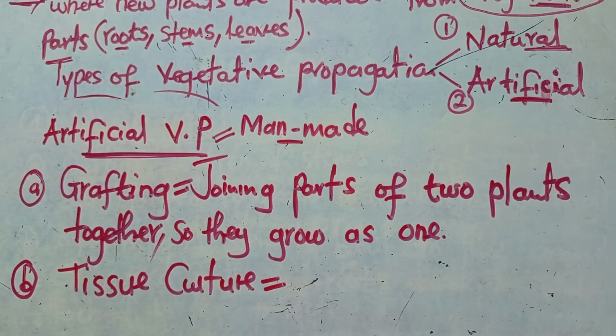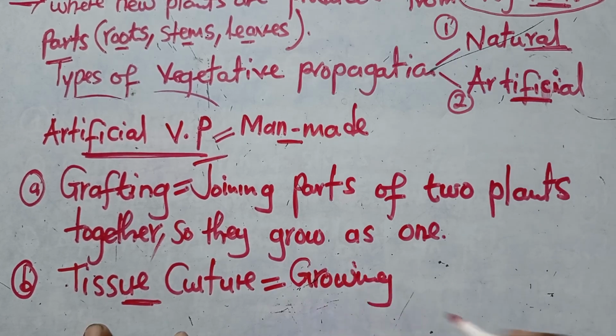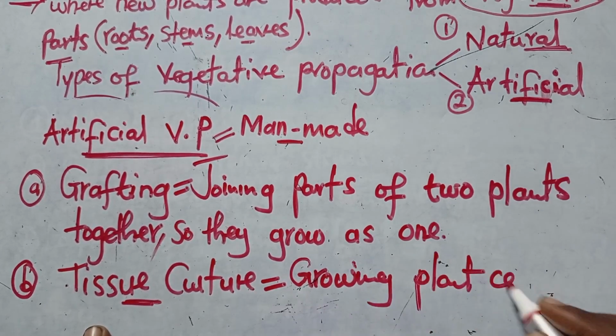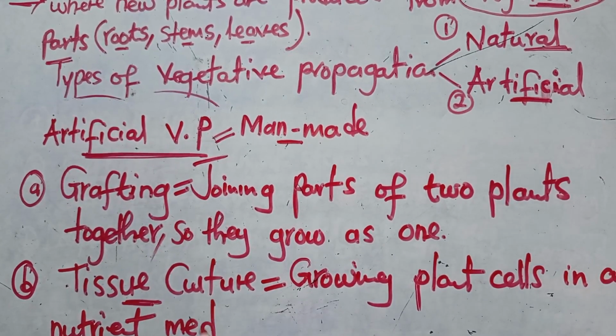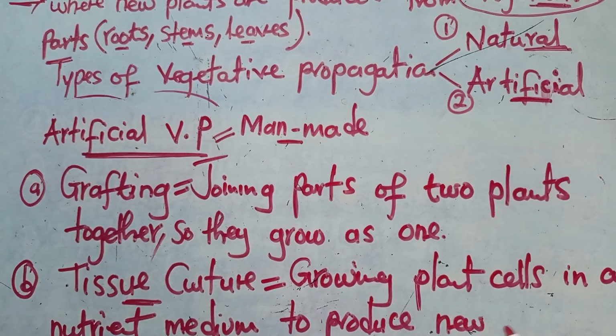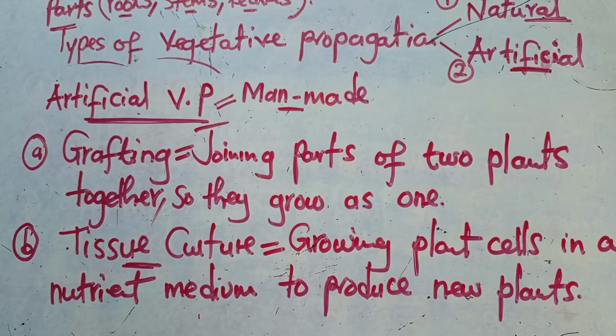This is the growing of plant cells in a nutrient medium to produce new plants. So if I ask you what is tissue culture, you say, okay, this is the growing of plant cells in a nutrient medium to produce new plants. So this is what we call tissue culture.